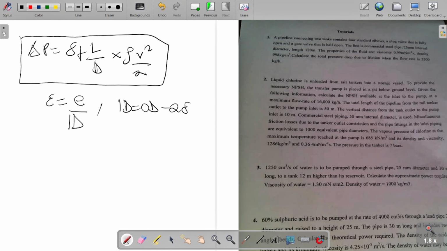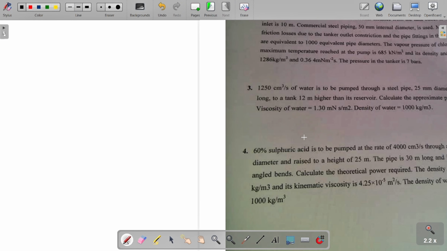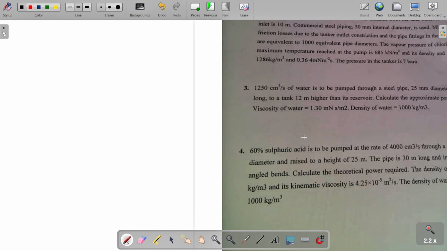So right now, let's start with question number three. So question number three, we have water. They give us the volumetric flow rate to be 1,250 centimeter cube per second, right?